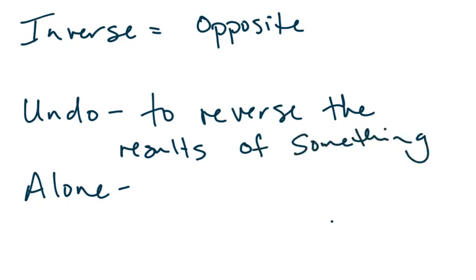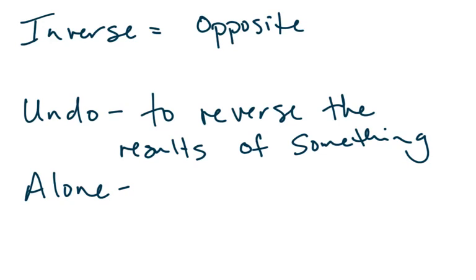Okay, so you could say, like, I want to undo the harm I did to my friendship when I told that lie. Okay, I want to reverse the results of telling a lie to my friend. And the result was harm, and I want to undo that harm. But, you know, a lot of times it takes time. But this is math, not relationships.